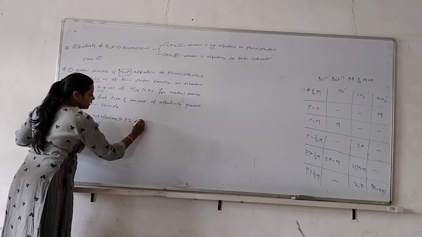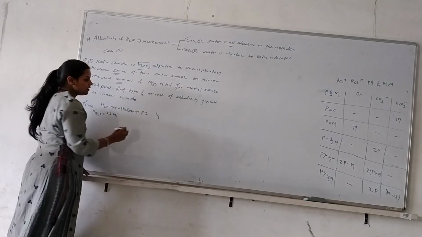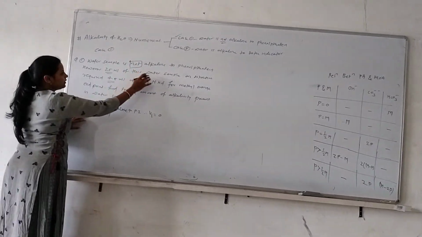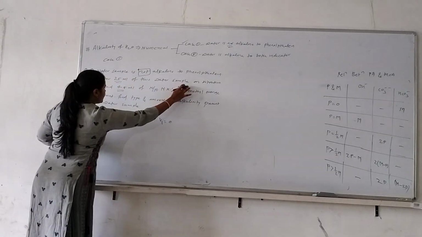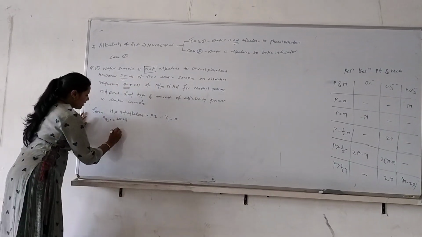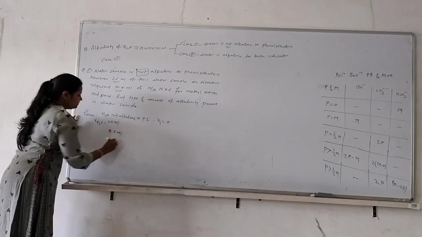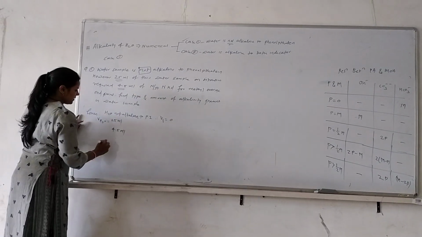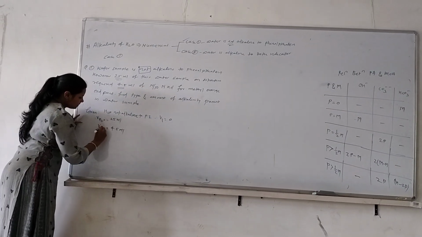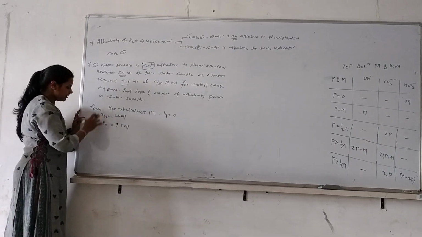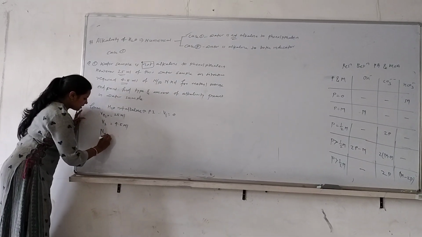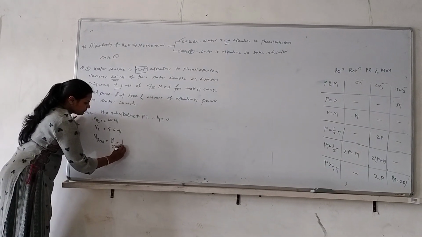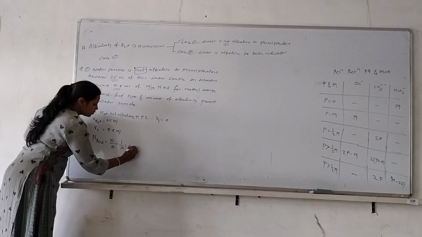Therefore, V1, which is for phenolphthalein, is 0. Second, the volume of water is given as 25 ml. On titration it requires 4.5 ml of N by 50 HCl for methyl orange, V2. So this is the value for methyl orange alkalinity, and the normality of acid is given as N by 50. Substitute N with 1, you get 0.02 normal.